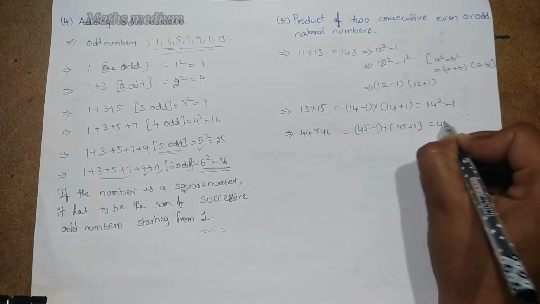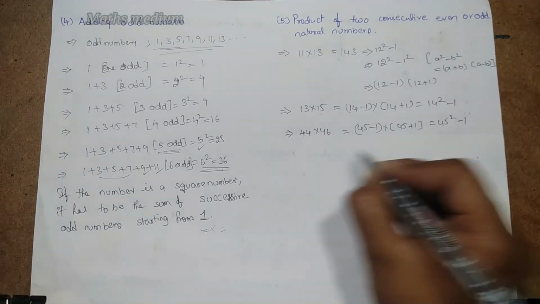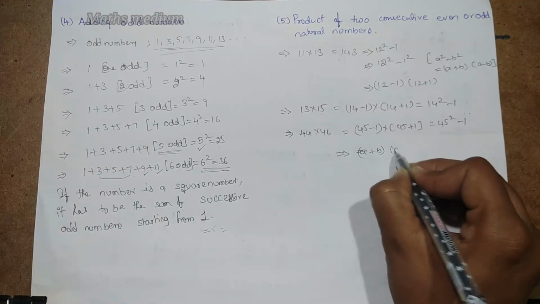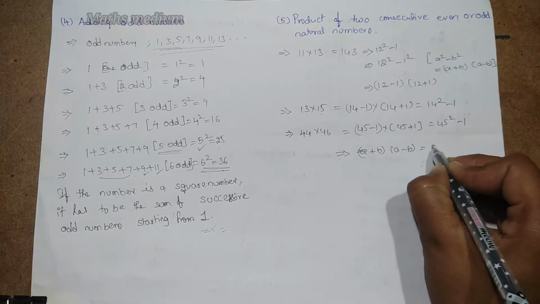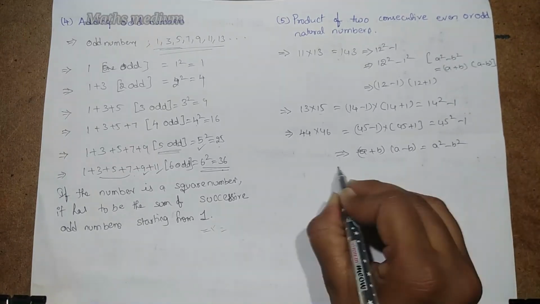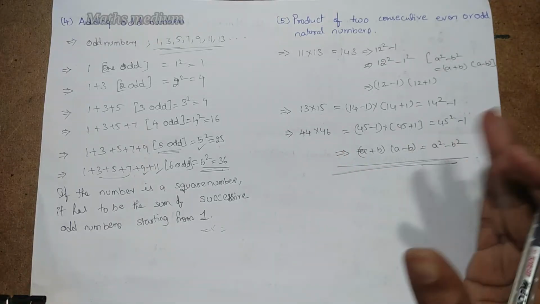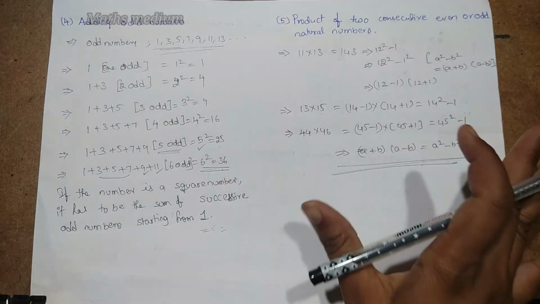It is 45 square minus 1. In general, we can say a plus b into a minus b is equal to a square minus b square. This is the form of the product of two consecutive even or odd natural numbers.